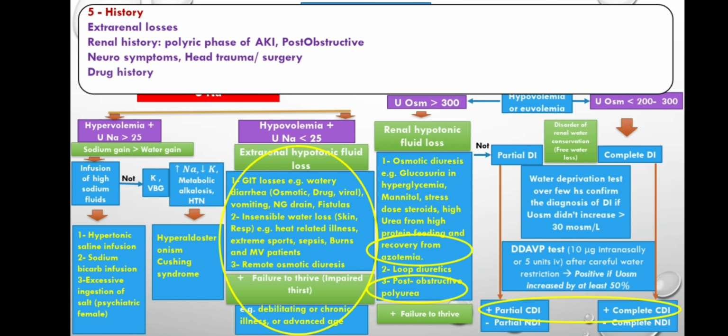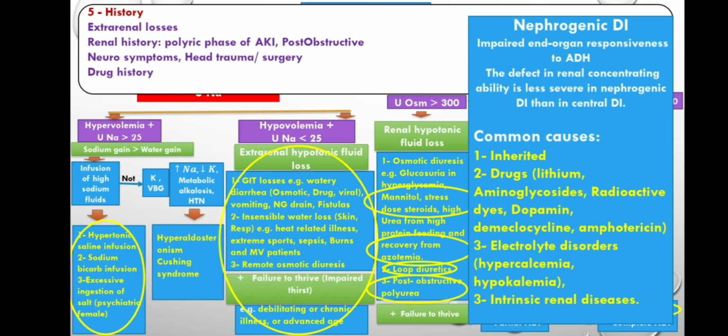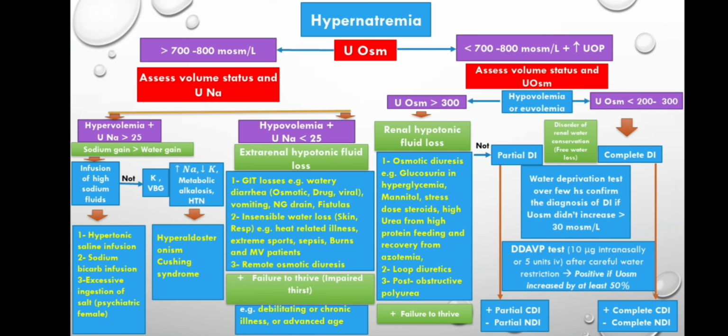Is there any drug history, which is very, very important? Is this patient receiving hypertonic fluid like hypertonic saline, sodium bicarb? Is the patient receiving mannitol, stress dose of steroid, loop diuretics? Is this patient receiving medications that cause nephrogenic DI, which were mentioned just now?